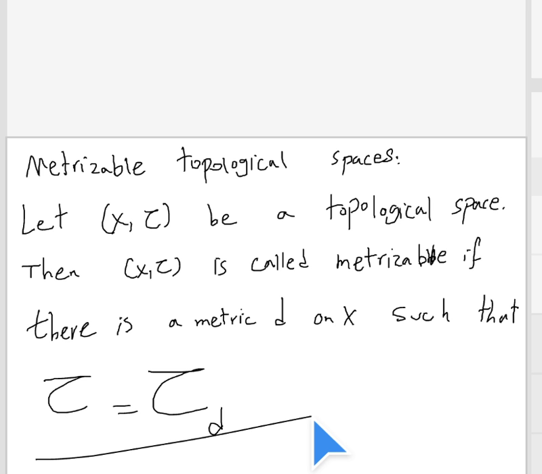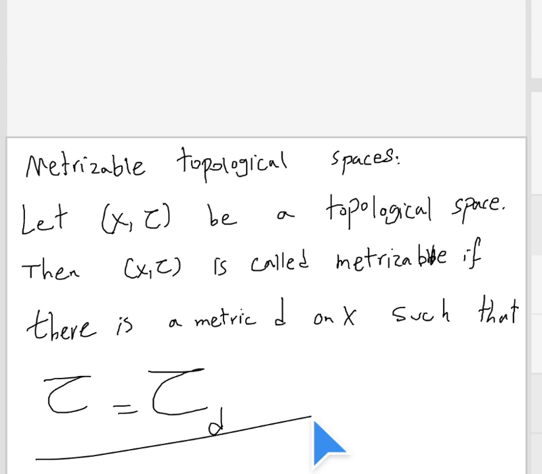We have some topological spaces that are metrizable and some topological spaces that are not metrizable.